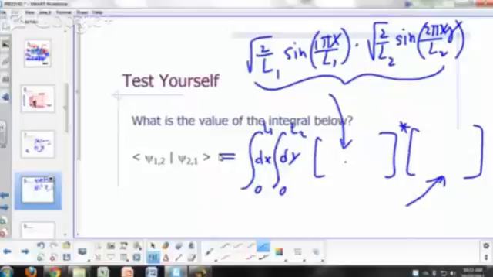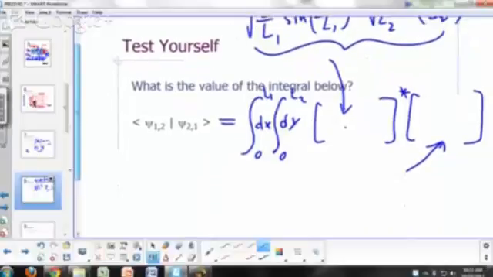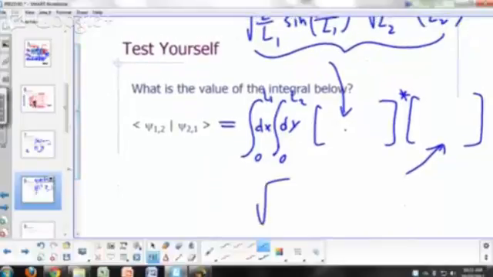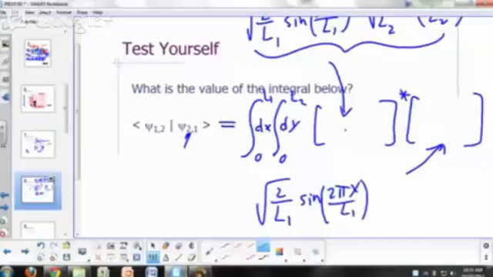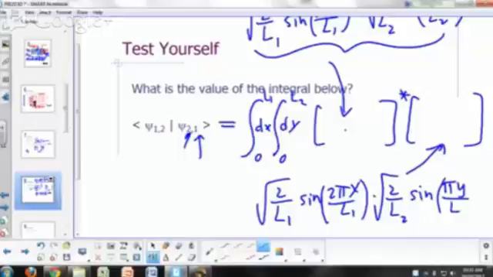And over here, you're going to have what? Square root of 2 over L1 sine n sub x. What's our n sub x for this case? It's 2, right? So 2 pi x over L1 times square root of 2 over L2 times sine of 1 pi y over L2. And that goes in there.